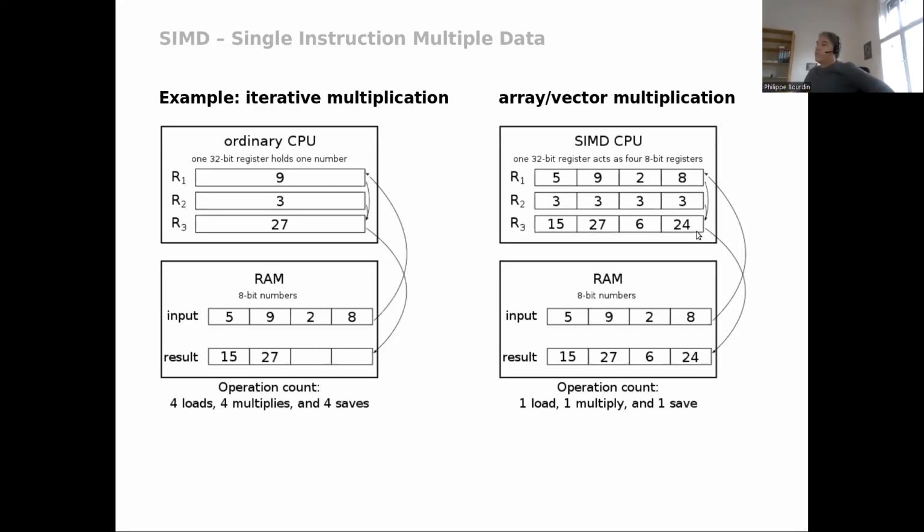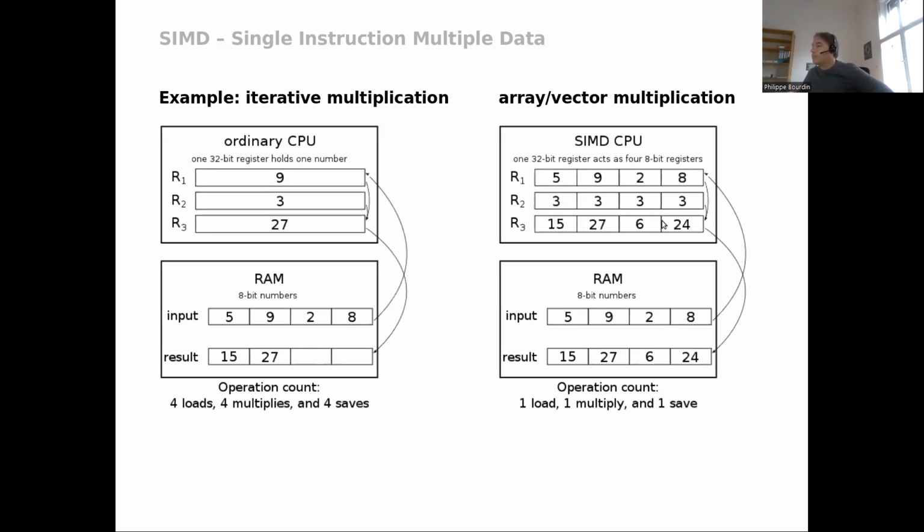Now, if you count the operations, you have one single load instruction to read data from the memory into the CPU. And that could read the full array, because in the memory, these numbers are next to each other. You just read one larger block into this register. And then for the save statement, you have the same trick.